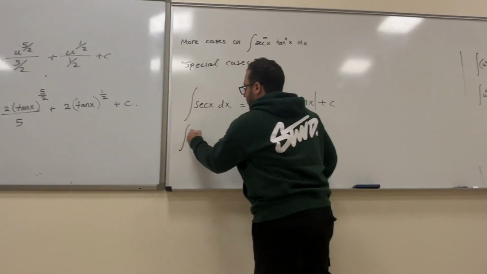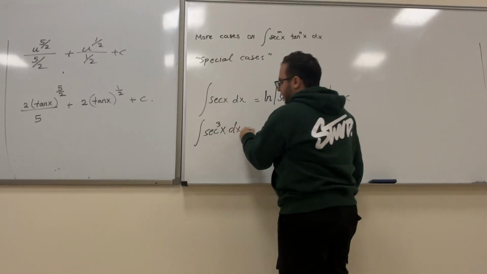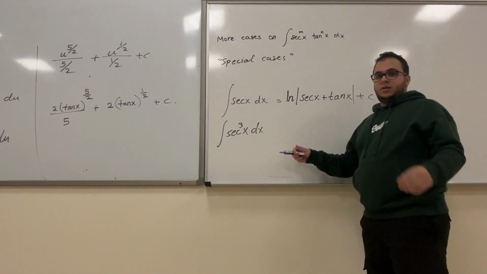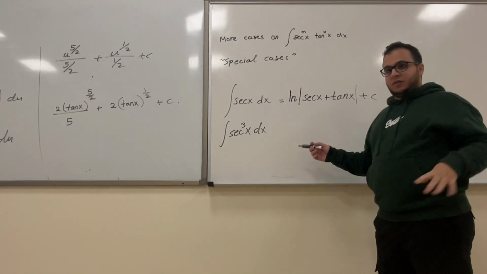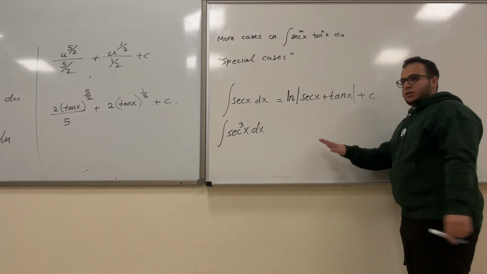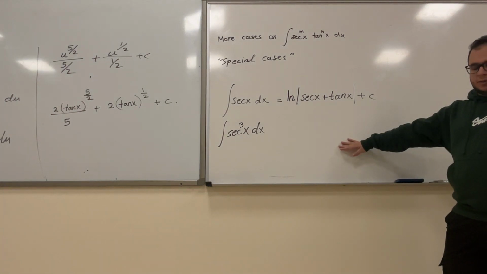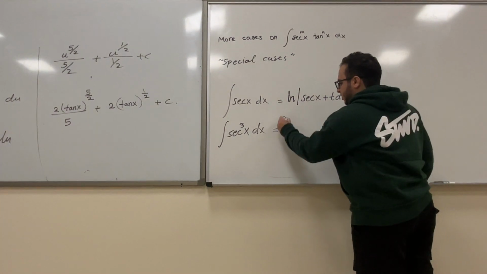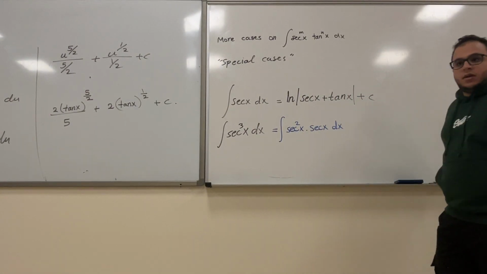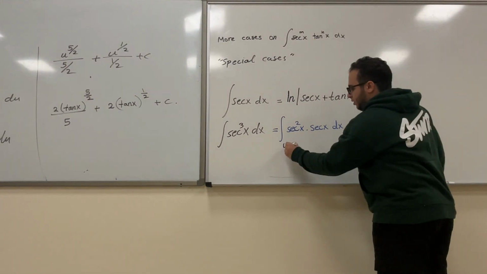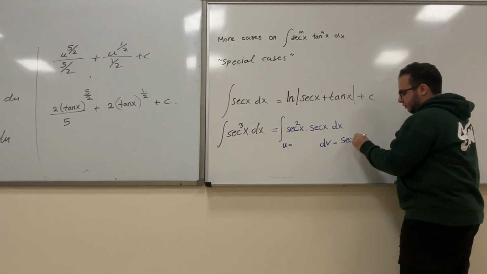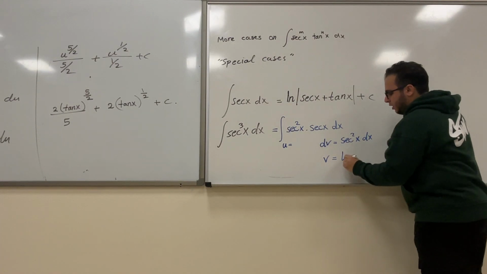And secant cube. There is secant cube. You cannot solve this by regular methods. You can do it by parts, if you say secant squared x times secant x. Then you take u equal to something easy to differentiate, which is secant, and dv equal to something easy to integrate, which is secant squared because it becomes tan.